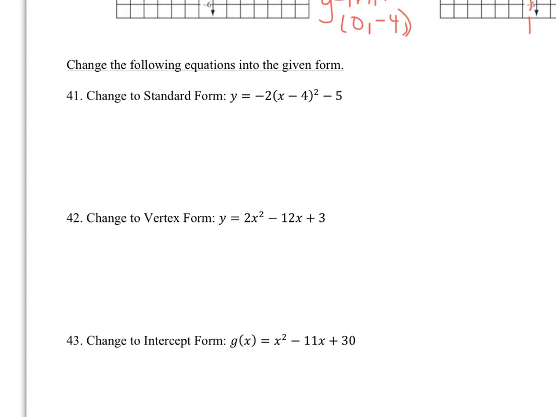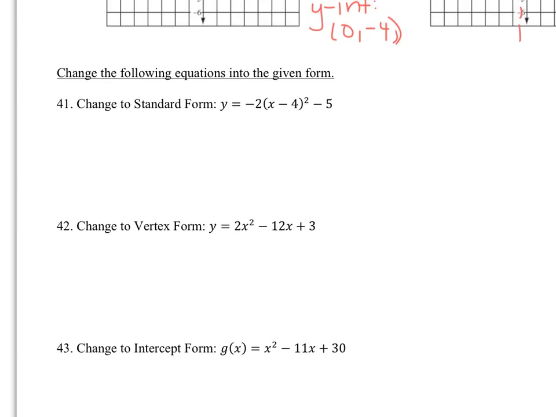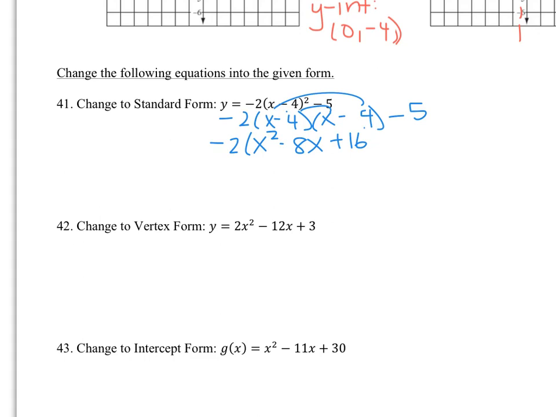Last but not least, change to standard form. So I'm going to do -2 times x minus 4 times x minus 4 minus 5. So now I got to double distribute. I have x squared minus 8x plus 16. I just did the double rainbow in my head.